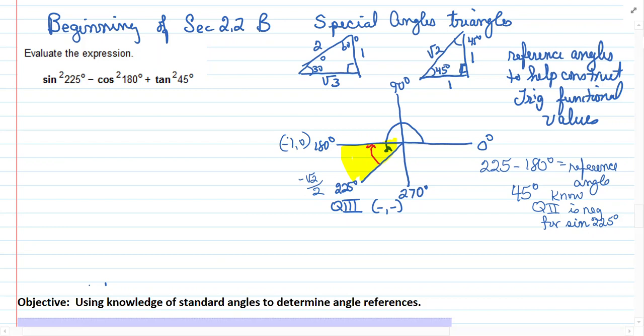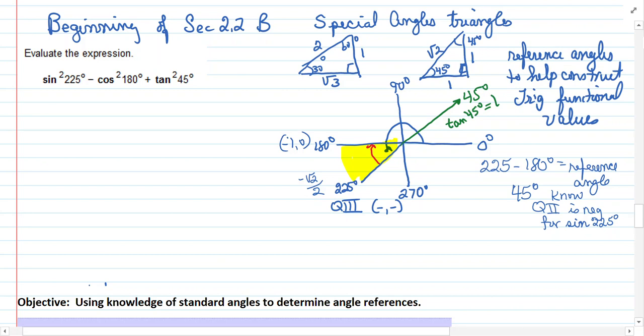Now 45 is right here. And of course we understand that the tangent of a 45 degree is 1, because the legs are the same. So now we've got our values per se.